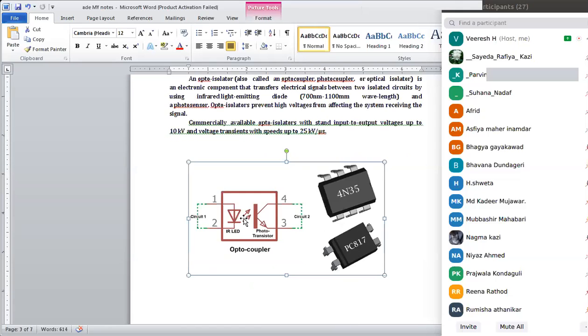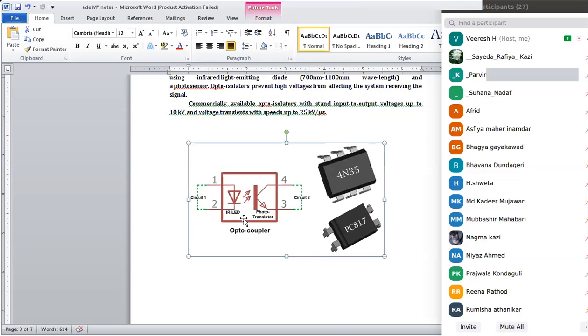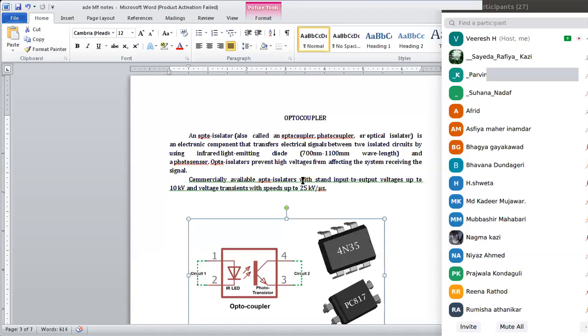Then, if anything goes wrong in circuit 2, the 230 volt AC power supply, such as sparking or short circuiting, that will not affect circuit 1 where our microcontroller is connected. So this is the function the optocoupler provides, right?